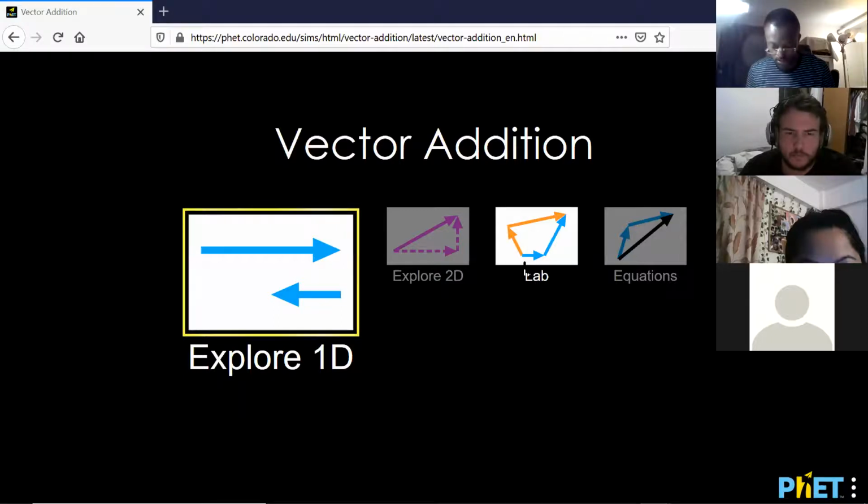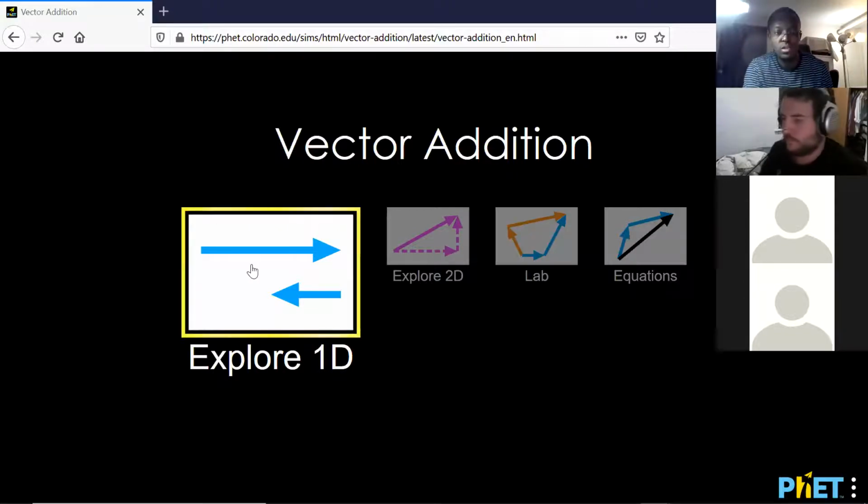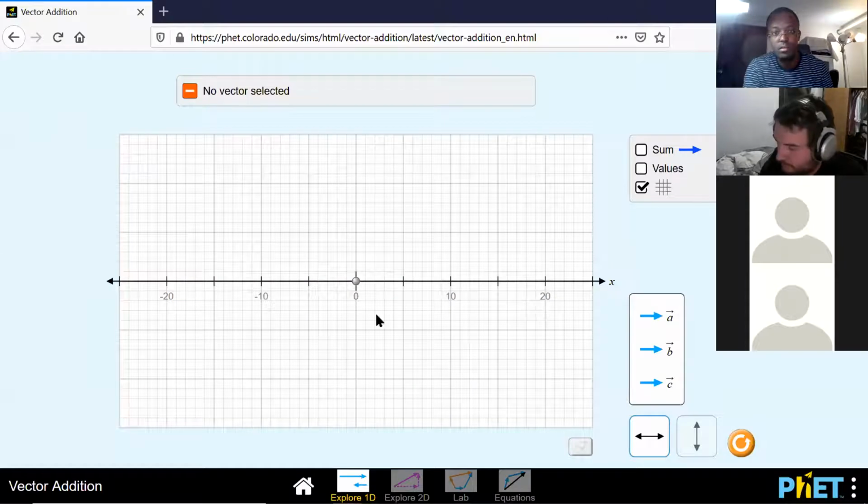Okay, good. So we are told to click on Explore 1D. I'll click on it, and I get a grid with an x-axis. That's what one dimension means.